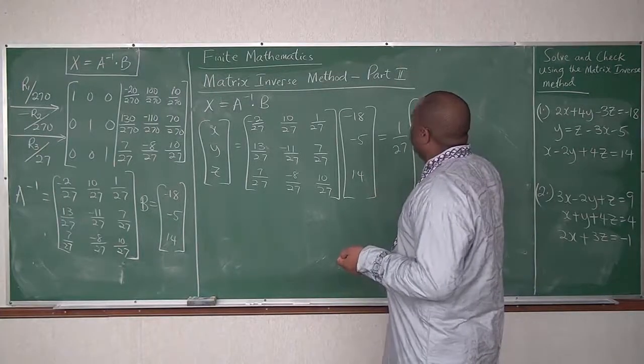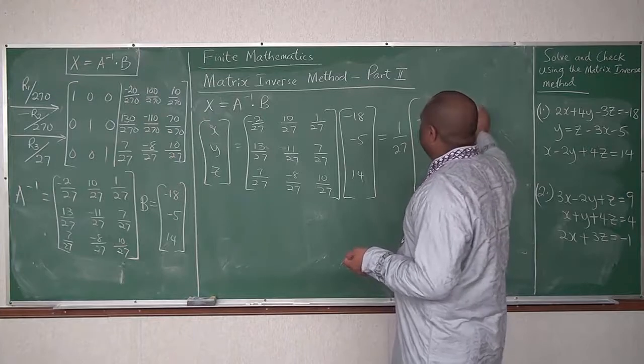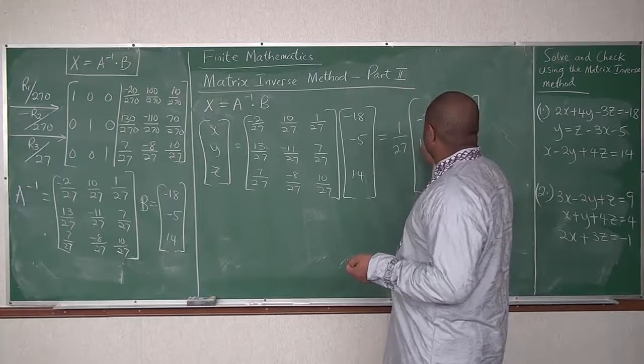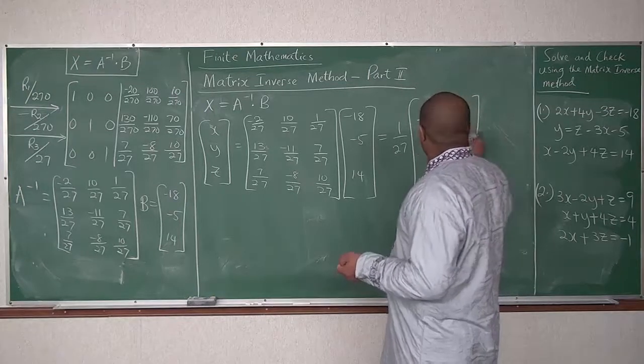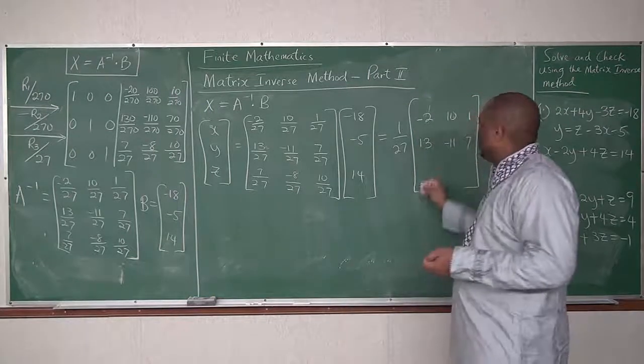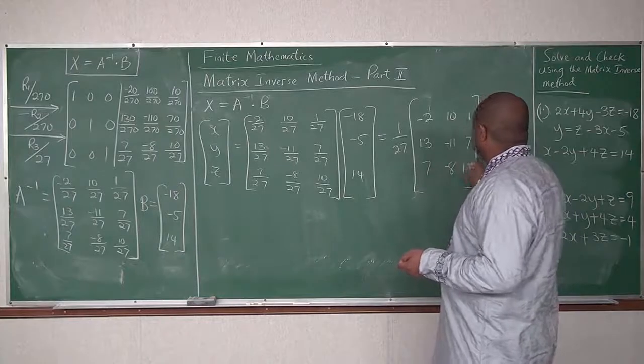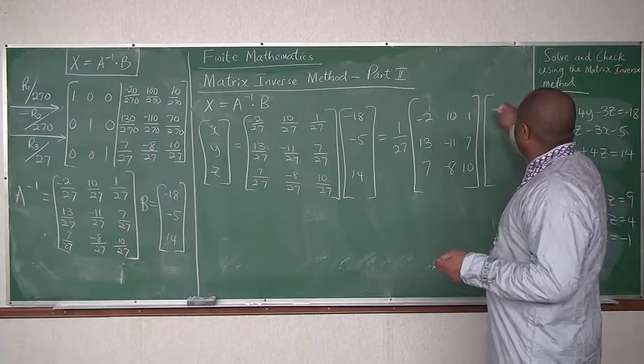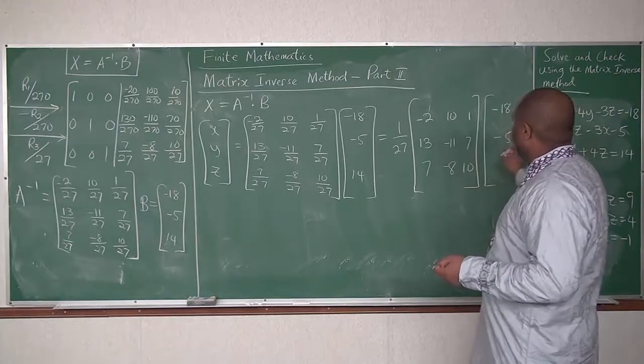This is negative 2, 10, 1. And this is 13, negative 11, 7, 7, negative 8, 10. Then multiply by negative 18, negative 5, 14.